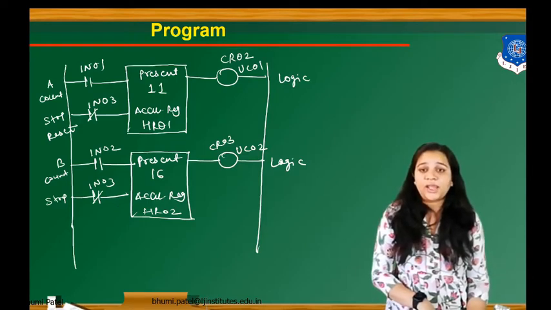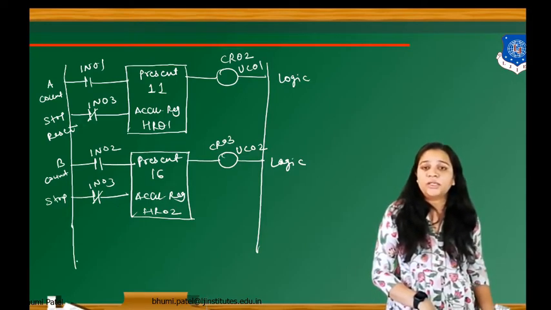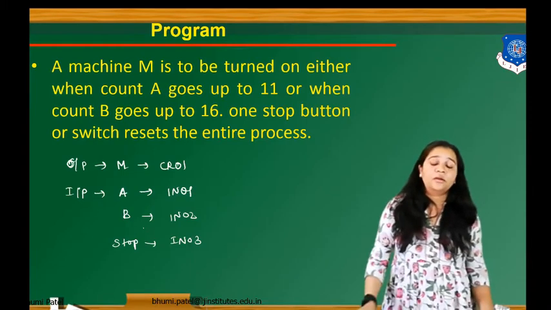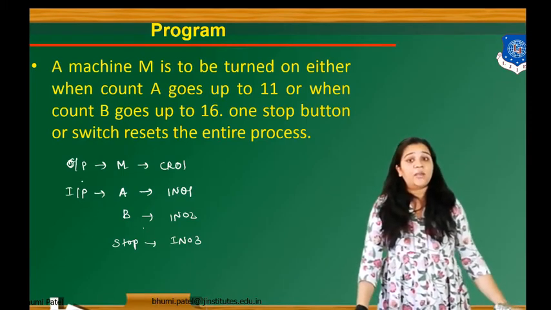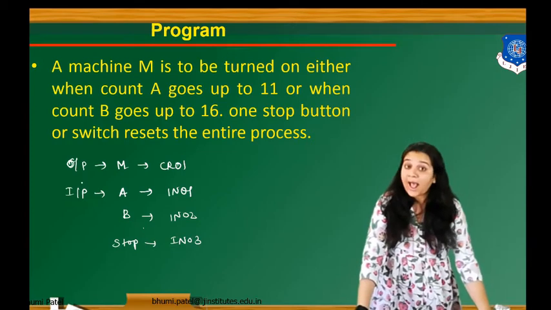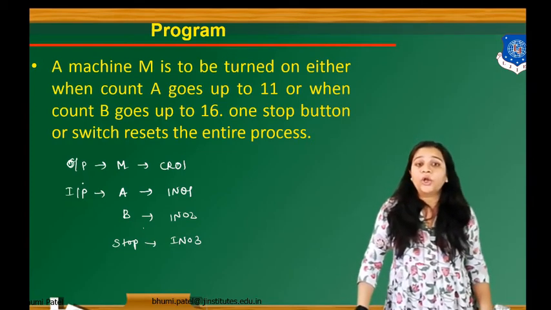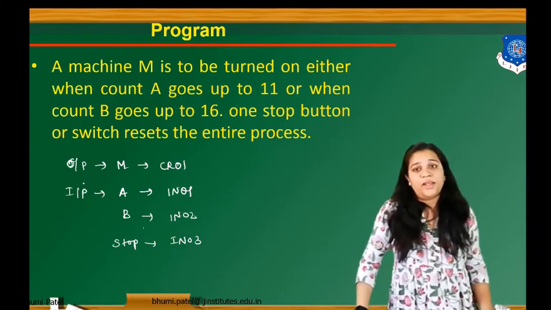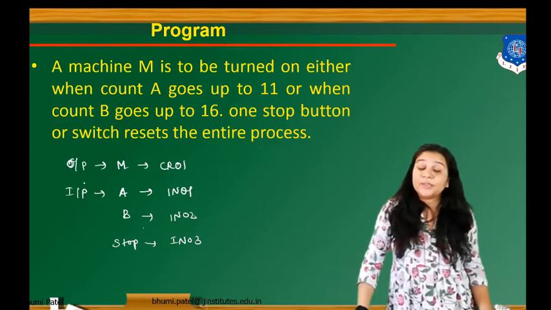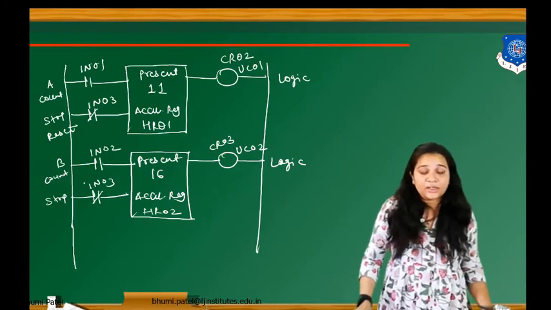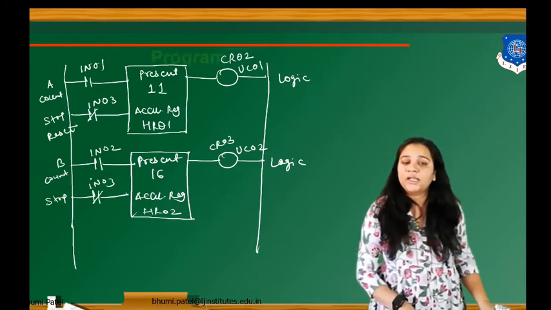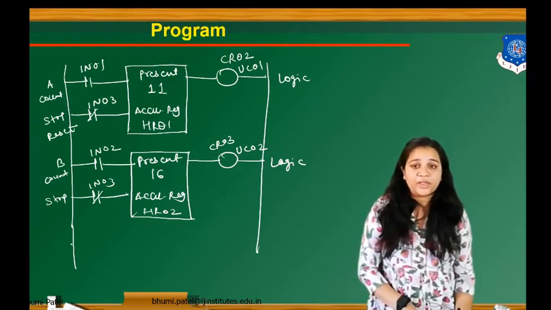Now what is the exact logic behind machine M? We have to read: a machine M is to be turned on either when count A goes up to 11 or when count B goes up to 16. So here we can use an OR gate. If either condition is satisfied, the machine will be on. We connect one stop button, IN03.